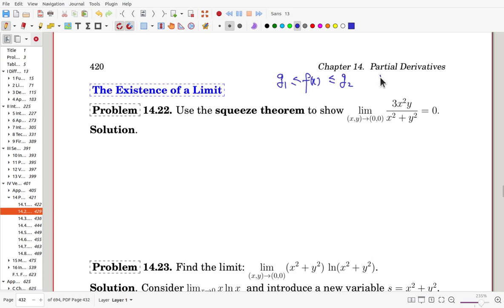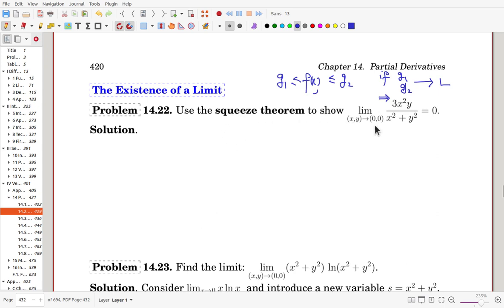Once g1 and g2 are simultaneously approaching some value L, then f must be approaching the same value, because for every x, f of x is always between g1 of x and g2 of x. These two values approach L, so automatically f must be approaching L. That is the main idea of the squeeze theorem.